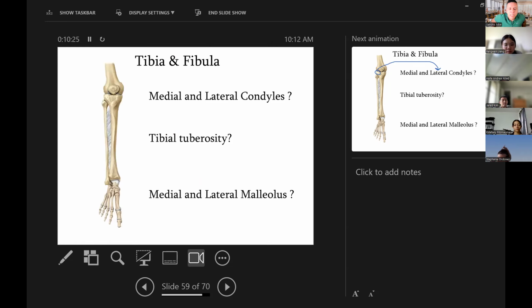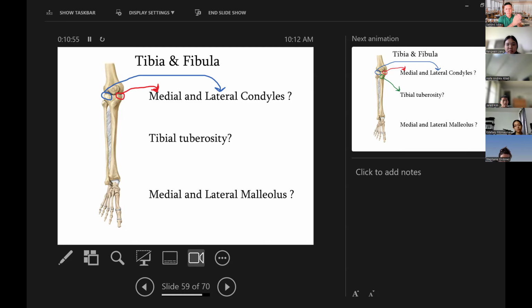All right, let's take a look now at the tibia and the fibula and take a look at some of the markings that I want you guys to know. In the tibia, we're going to find also a lateral and a medial condyle, just like we have for the femur. So now you understand why when we talk about a bone marking, we need also to say what bone the marking belongs to.